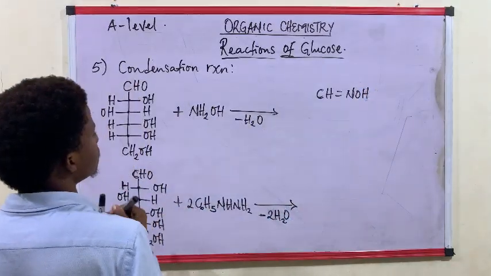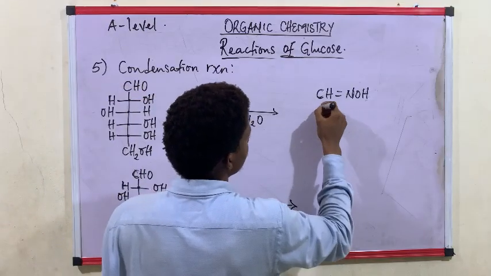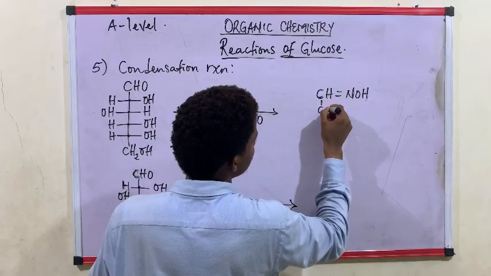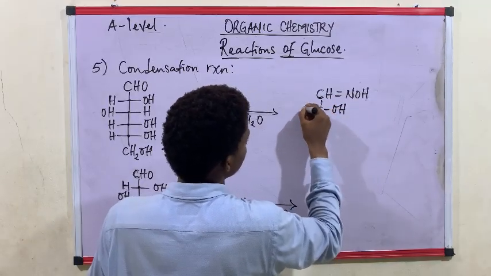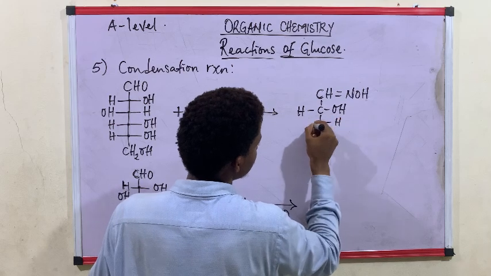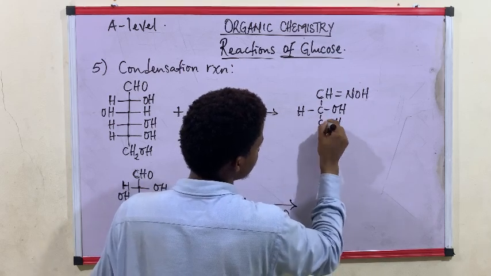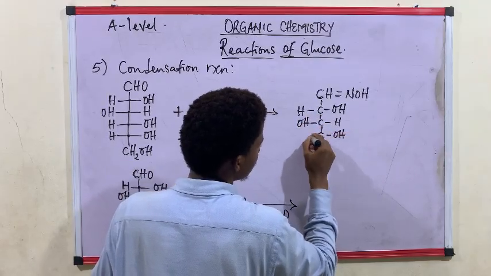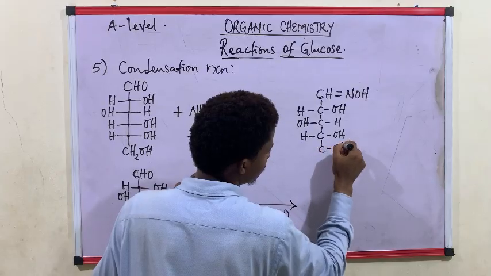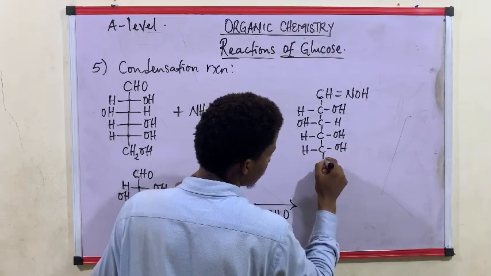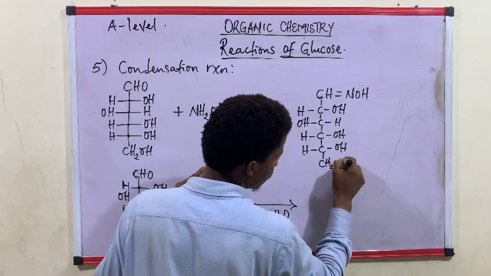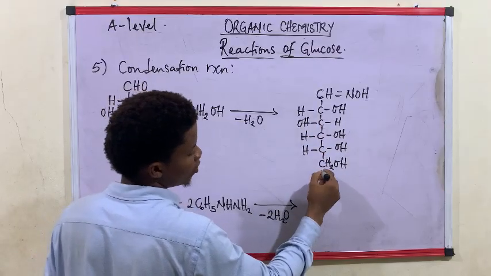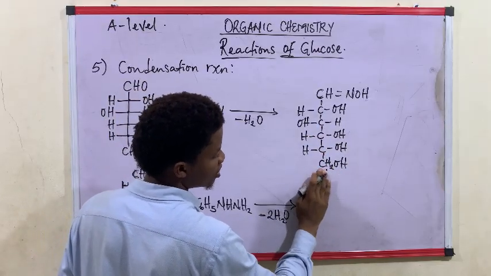Then we have a normal glucose chain: COH, then H, then CH, then OH, then COH, then H, then COH, then H, and then CH2OH. So how many carbons in total? 1, 2, 3, 4, 5, 6. This is the oxime, or glucose oxime.